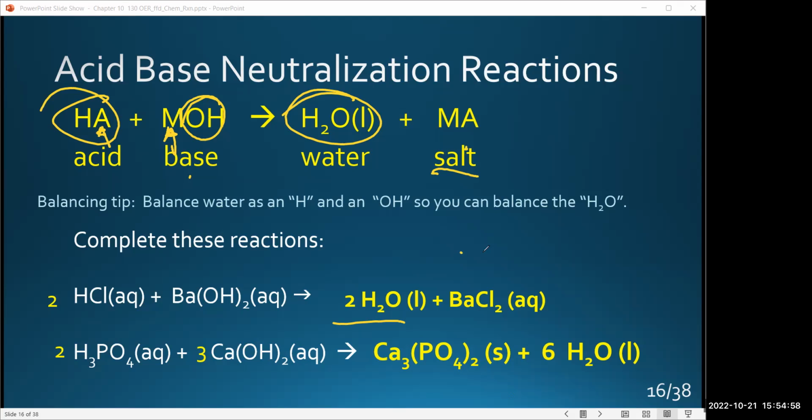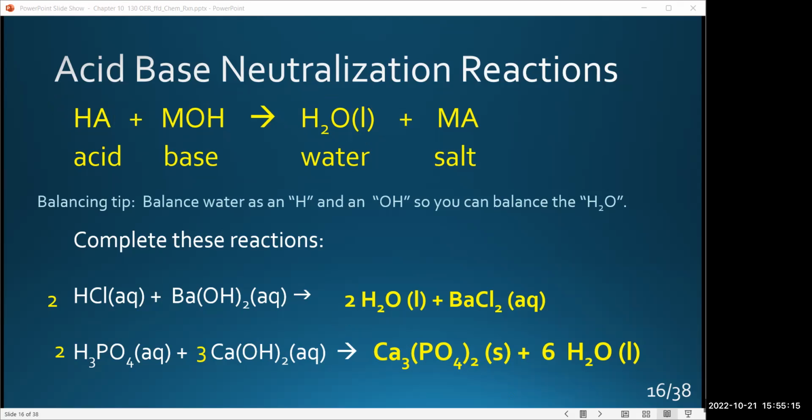And the salts will just fall into place and balance themselves out by default. Okay. So there's a good example of an acid-base reaction and what you can do to help balance it out.